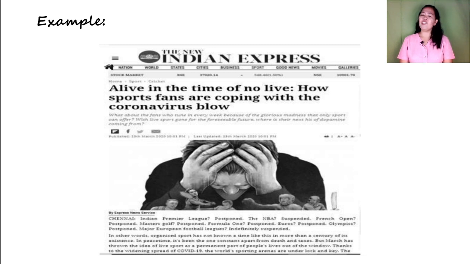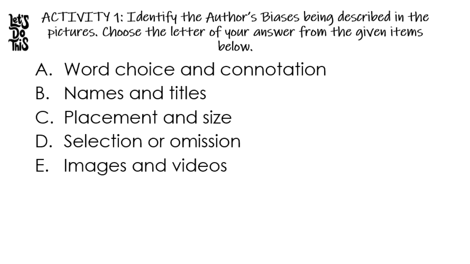Okay, to check your understanding on today's lesson, let's have these following activities. Activity 1. Identify the author's biases being described in the following pictures. Choose the letter of your correct answer from the given items below. A. Word choice and connotation. B. Names and titles. C. Placement and size.